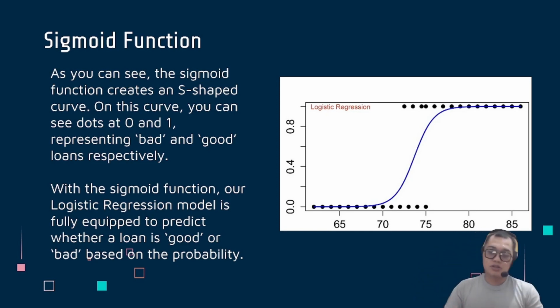Based on the sigmoid function, we can plot the probabilities and set the threshold to predict whether it will be good or bad. Well, I hope you understand.